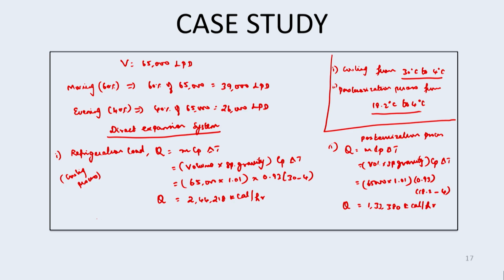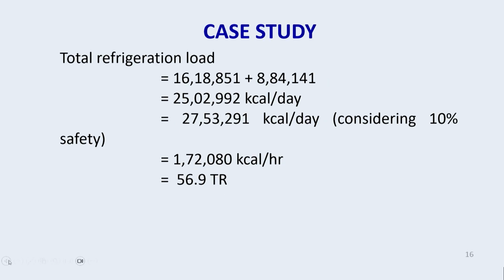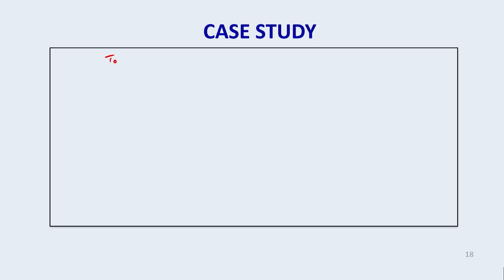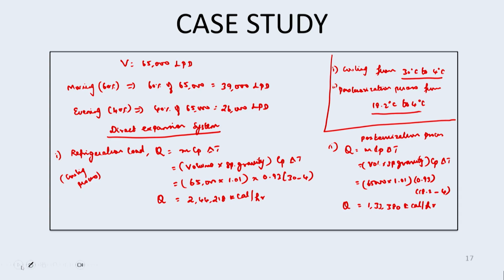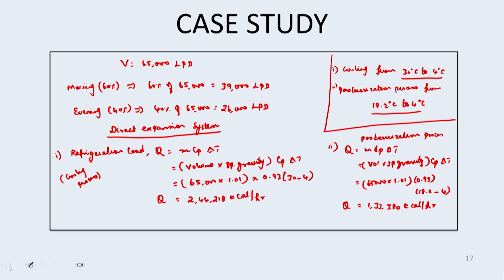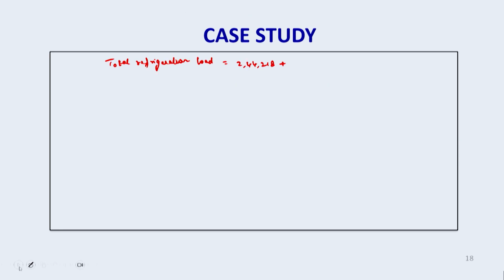So now the total refrigeration load is equal to 2,44,218 plus 1,33,380.